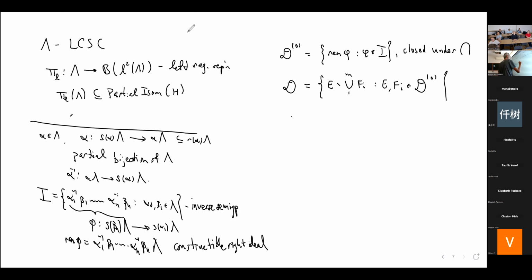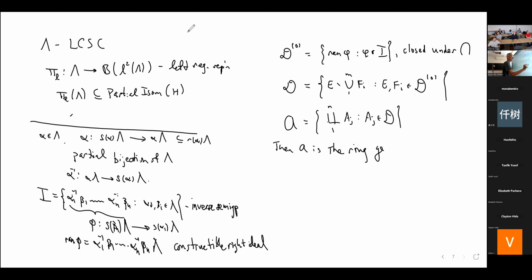And then the ring of sets A is all finite disjoint unions. So in fact, A is the ring generated by D0.